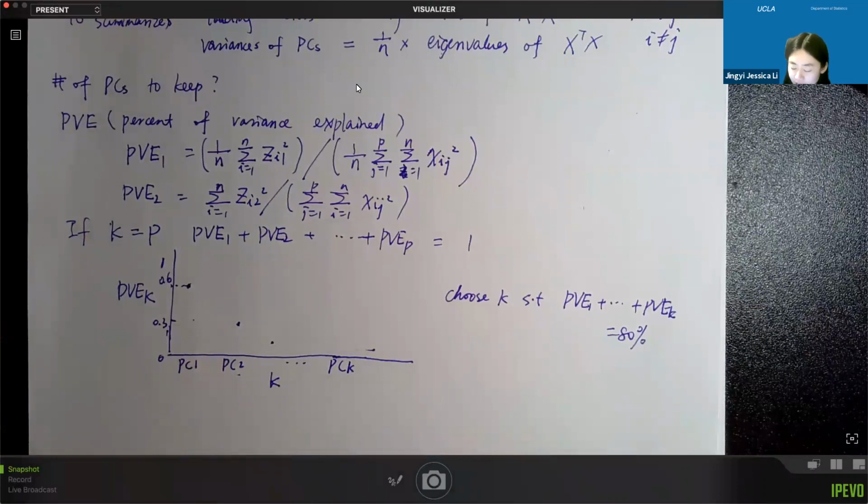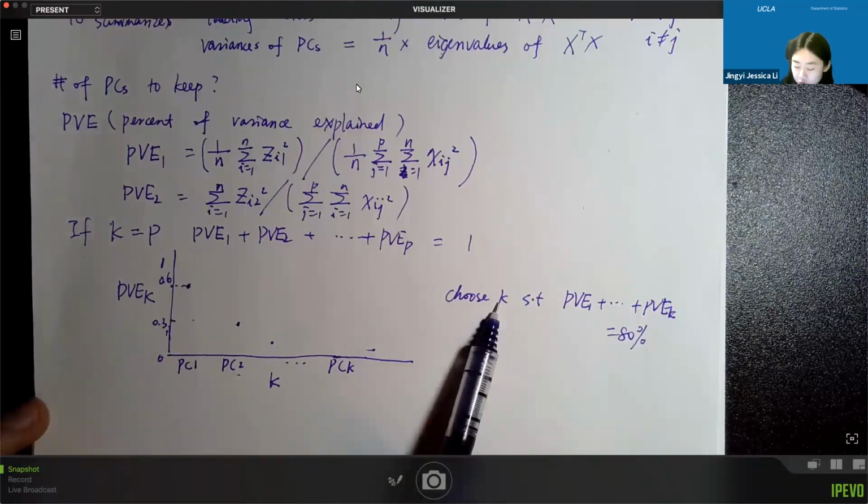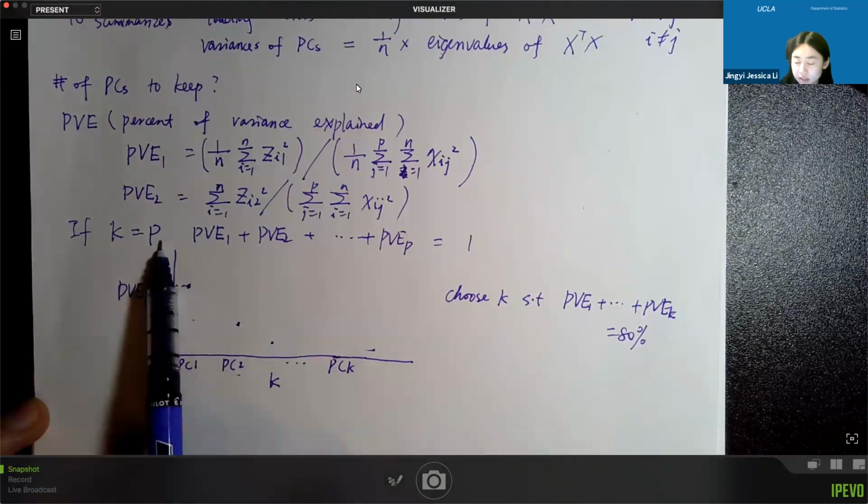If you check the Seurat tutorial, which you will probably use for your final project, there is a PCA dimension reduction for single cell data. For single cell data, we usually say keep K equals 30, but the original P might be 20,000, the number of genes.